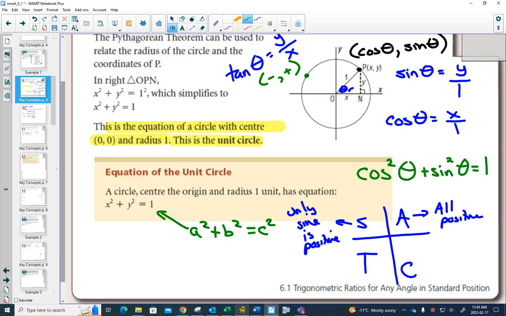If I pick a point in quadrant 3, both the x-coordinate and the y-coordinate would be negative. So sine will be negative, cos will be negative, but tangent will be positive. And if I pick a point in quadrant 4, the x-coordinate is positive, the y-coordinate would be negative. And so the unit circle explains our CAST rule. Why is it that some things are positive in some quadrants and negative in other quadrants?